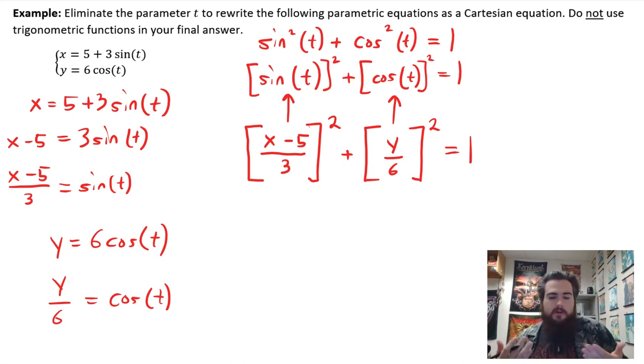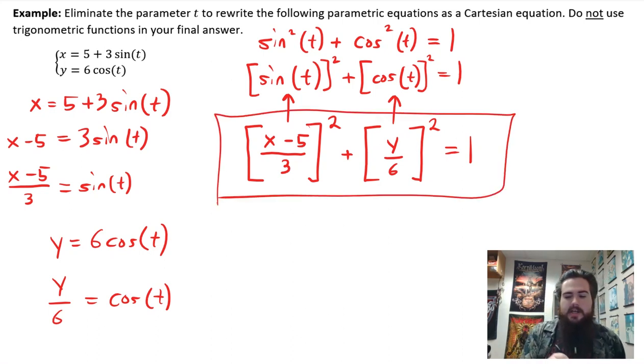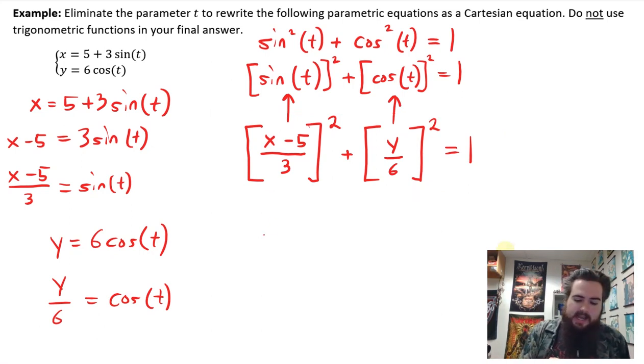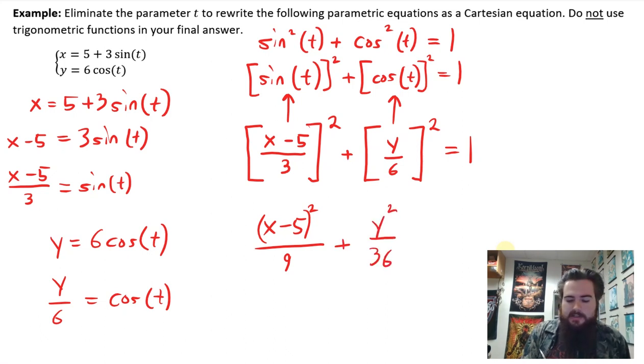If you prefer, this expression is good as it is a Cartesian equation that does not involve trigonometric functions, but you could also write this as x minus 5 squared divided by 3 squared, which is 9, plus y squared divided by 6 squared, which is 36.